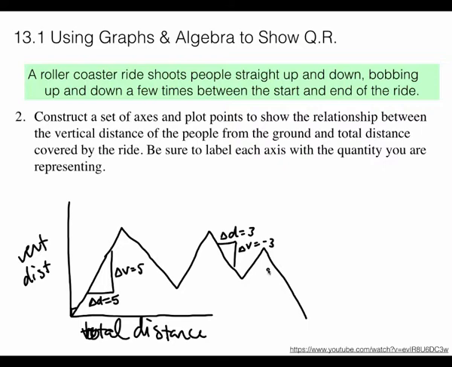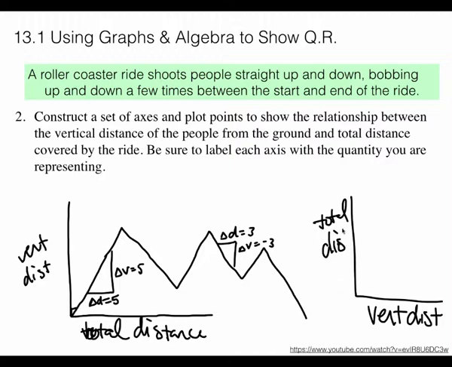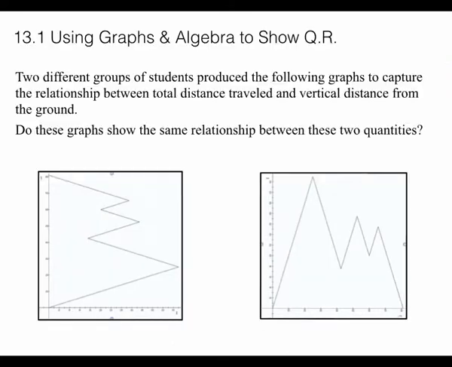Now, not everybody drew this picture. Some people drew a slightly different one, where they had vertical distance here and total distance here. And so their image looked something like that. Okay? Let me show you the pretty version.